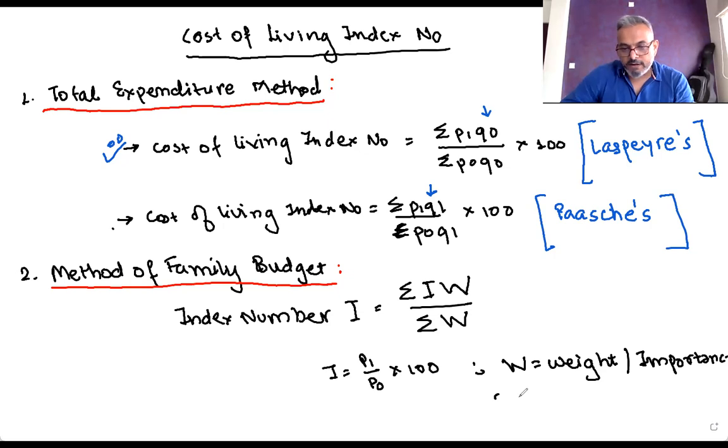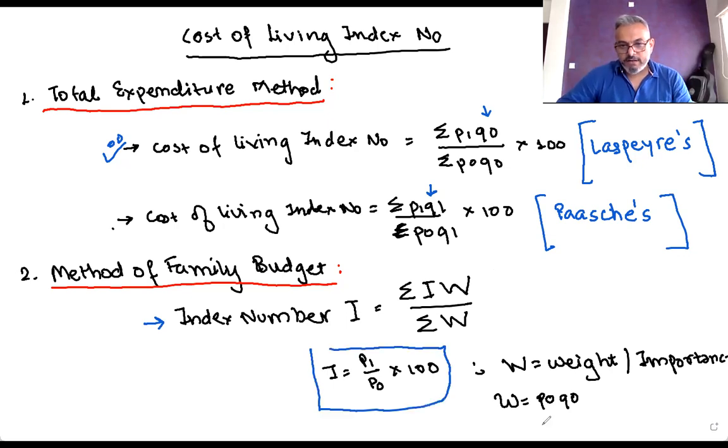So weight is equal to P0Q0. If directly it is not given, we will calculate. So this is the formula for family budget method.